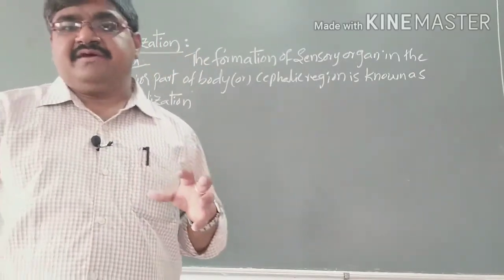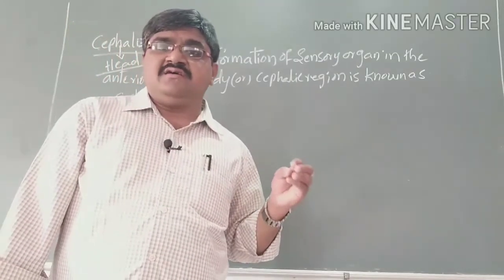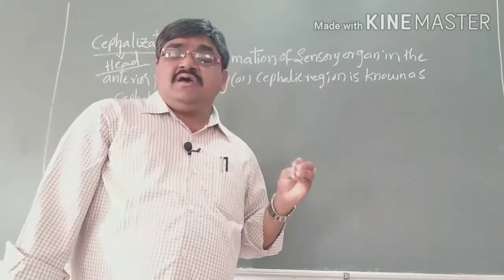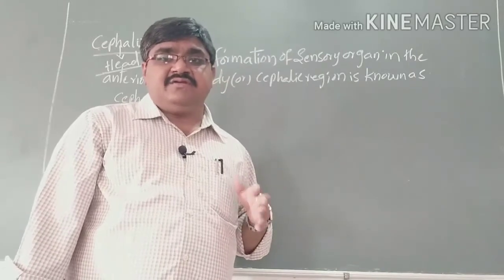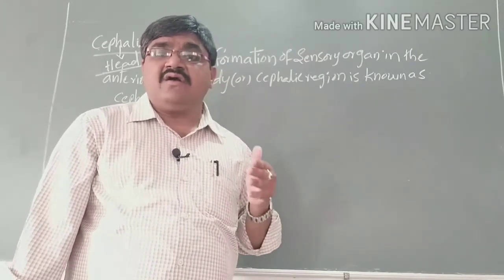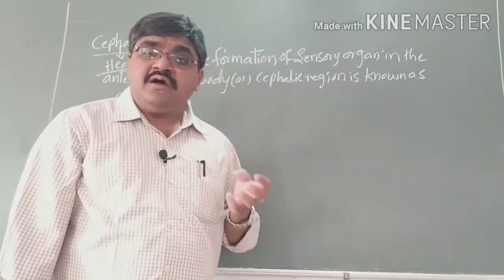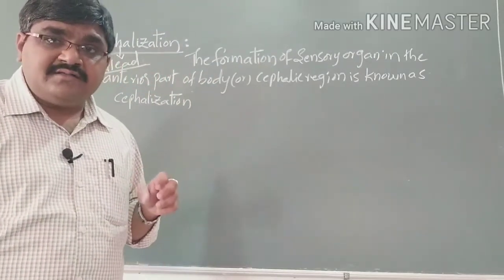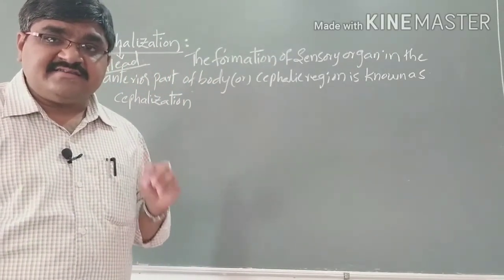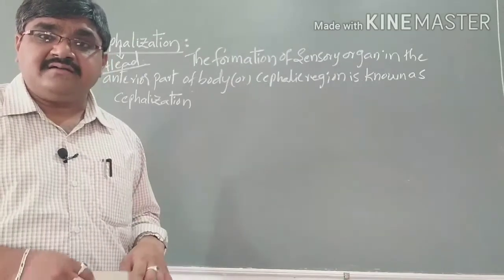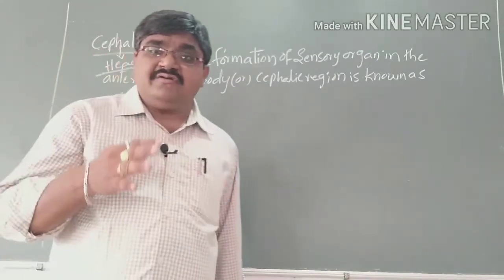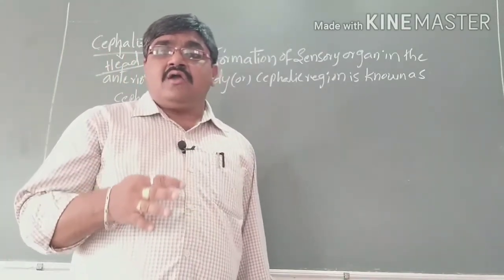When you cut the organism in only one vertical plane and get two identical halves, we call such organisms bilateral. Already we have discussed bilateral organisms.